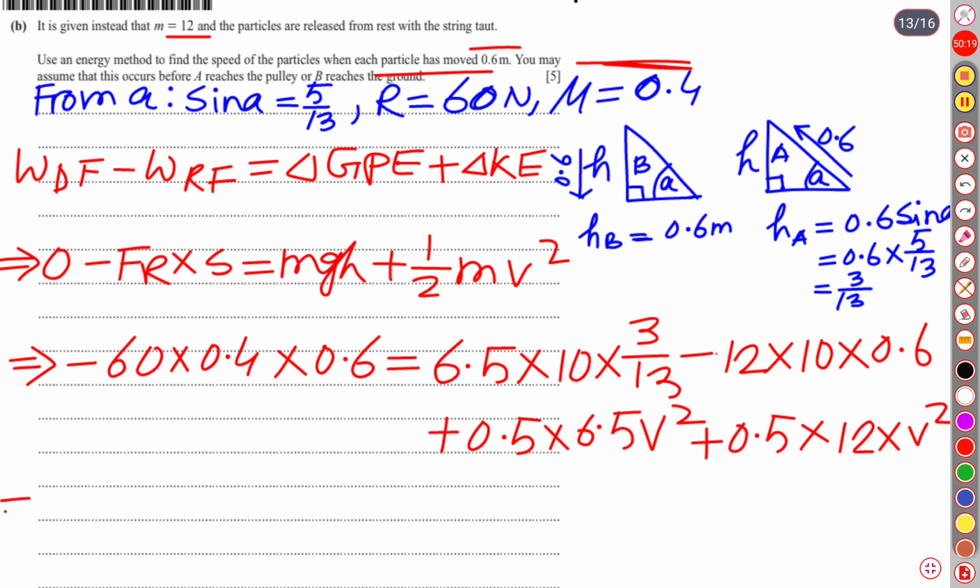Then if we simplify more, it is going to be minus 14.4 equals 15 minus 72 plus 0.5 into 6.5 plus 0.5 into 12, that is 9.25 v squared.